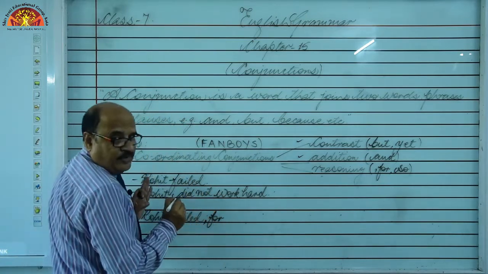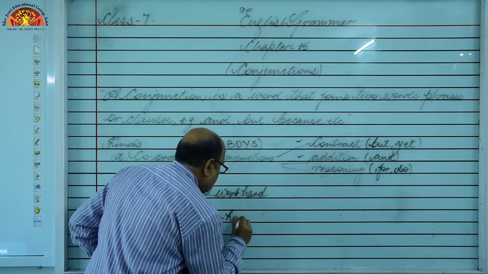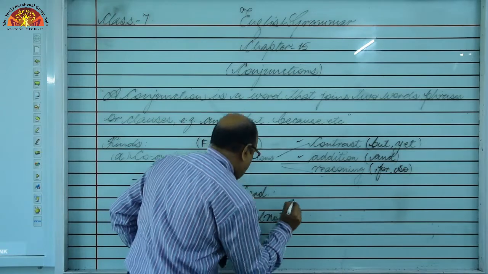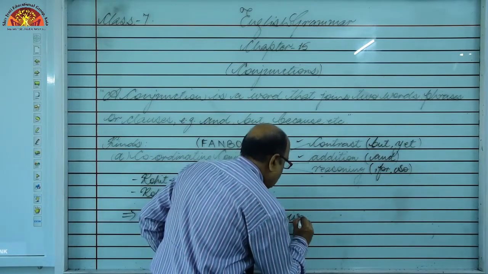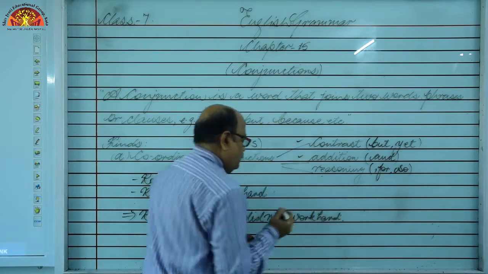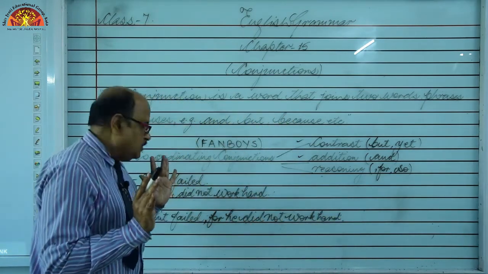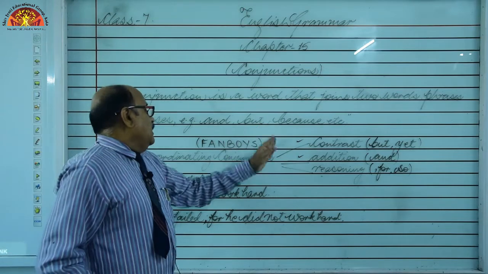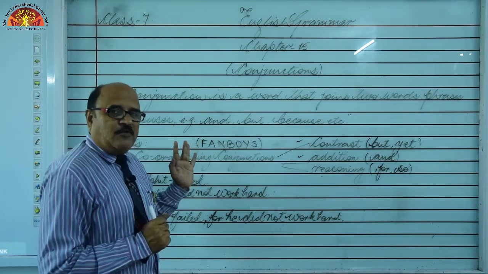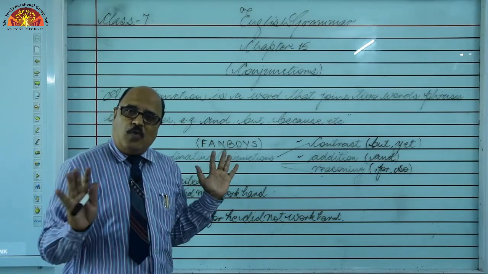Now again Rohit word will not be used because he did not work hard. Is that clear students? Right? So, in this way, this coordinating conjunctions, the first kind of conjunctions, is over.